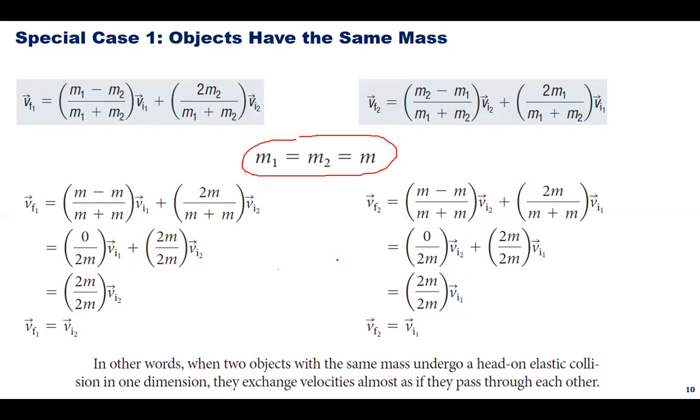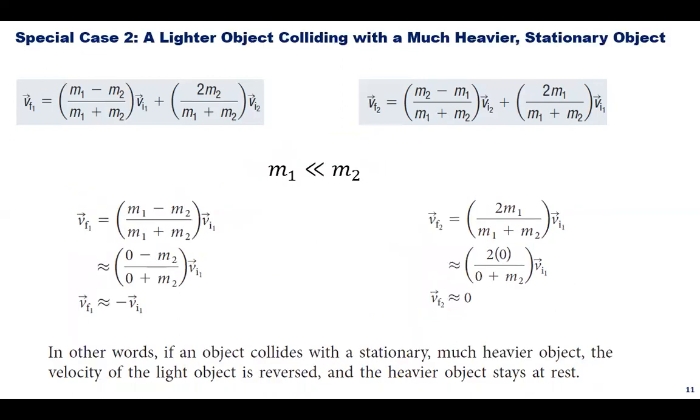Okay, then based on these two formulas, a second special case is a lighter object colliding with a much heavier stationary object, which means M1 is much smaller than M2, and VI2 is 0.